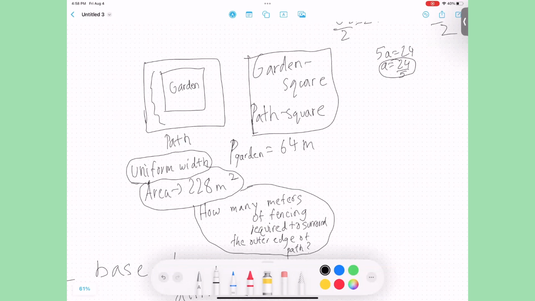So basically, the problem is asking what is the total amount of fencing to cover the whole path like this. So the whole path, this is the path, right? And you cover the whole path. How much fencing do you require?